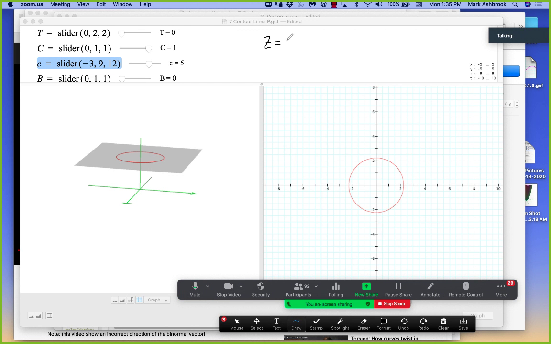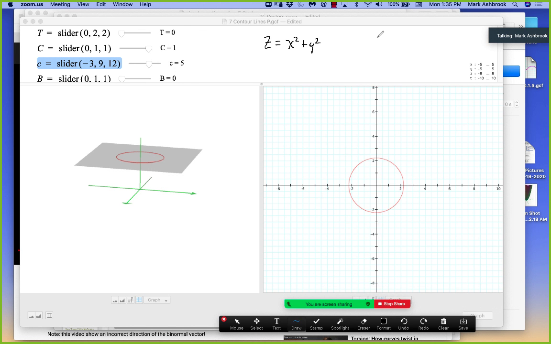So this was for our reference paraboloid, z equals x squared plus y squared. So this is z equals 5. To get level curves, we set z to constants. At z equals 5, we're talking about where the surface intersects the plane z equals 5.